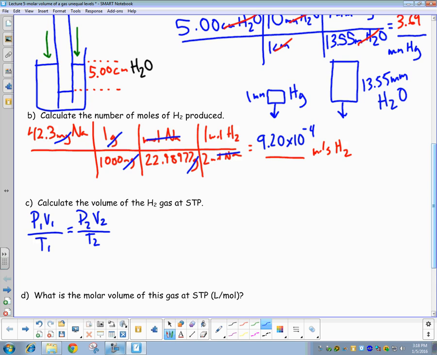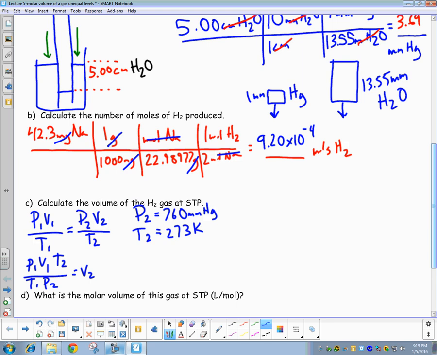Now I'm going to rearrange this equation so I isolate V2, since that's what I'm ultimately trying to solve for. I'll have P1 V1 and T2 over T1 and P2, which equals V2. And that's my rearrangement. Now there are 2 more variables that I need to identify here. I need to identify obviously P2 and T2, which are both standard temperature and pressure. P2 is 760 mmHg and T2 is 273 Kelvin.